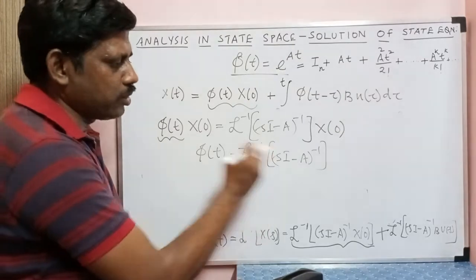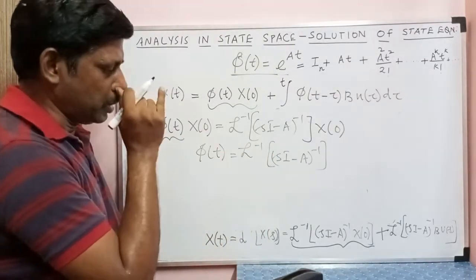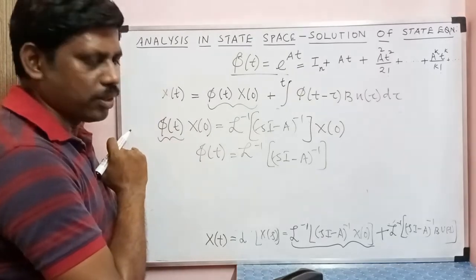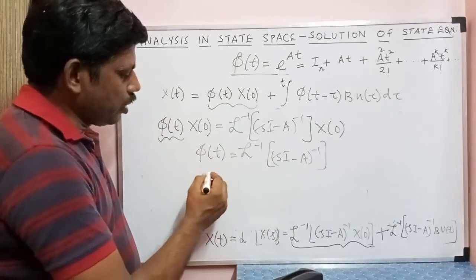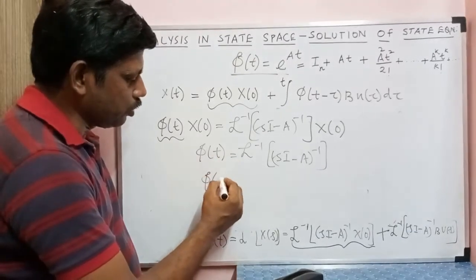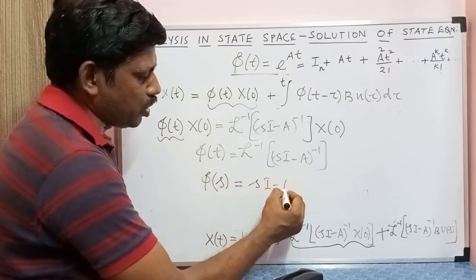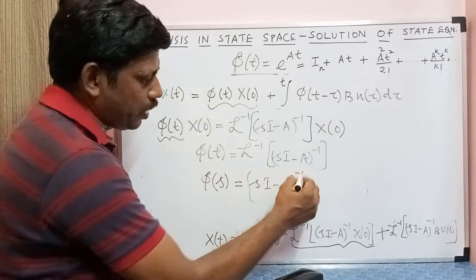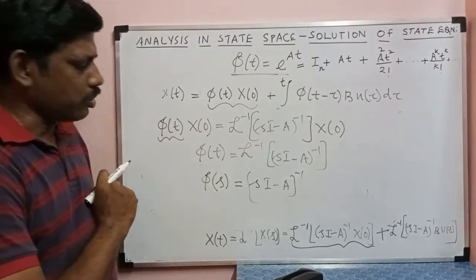So once you find this matrix, if you take the inverse Laplace transform on that, you get the state transition matrix phi of t. One more interesting thing is, I can take a Laplace transform on this phi of t also, then phi of s is going to be sI minus A inverse. So sI minus A inverse, I can write it as phi of s also.